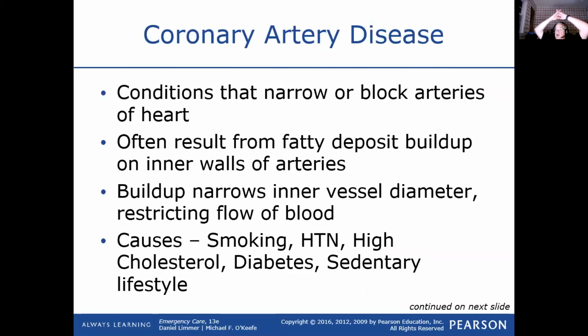Now, based on our diet, lack of exercise, and other bad things we do, we get fat deposits on the inside of our blood vessels. When they went back and found preserved bodies, 1,000 years old, 2,000 years old, they did not have coronary artery disease, and that's because it was very hard to get meat then.